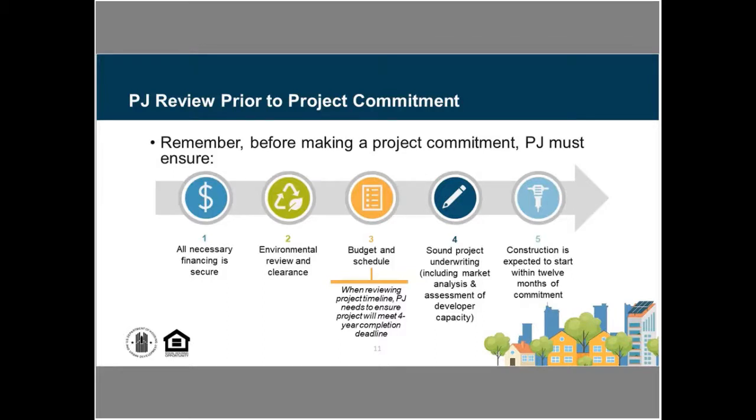Then we have to make sure that we have that budget in place, and you're required to have a project timeline as part of your commitment and review process. So at the point you're making a decision about funding that project, you're assessing whether if I fund this project today, will they be able to complete this project within that 4-year time frame?